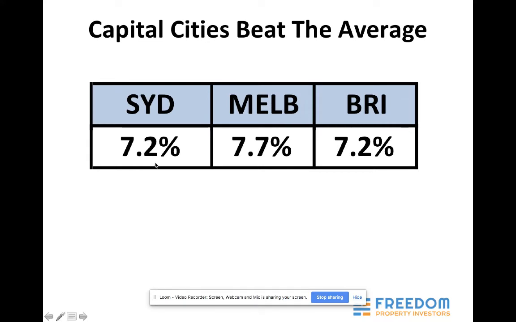And you can see here that Sydney, Melbourne, and Brisbane actually have an average capital growth rate higher than the 6.8%. Melbourne being the highest, and Sydney and Brisbane coming in about equal. So over the long term, this is actually based on about 38 years worth of data. We've actually got these particular numbers here.